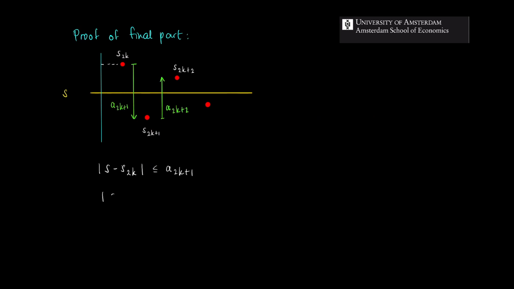Similarly, if we now look at S minus S2k plus 1, the difference of S with a partial sum with an odd index, then we see in the same way that it's smaller or equal than a2k plus 2.